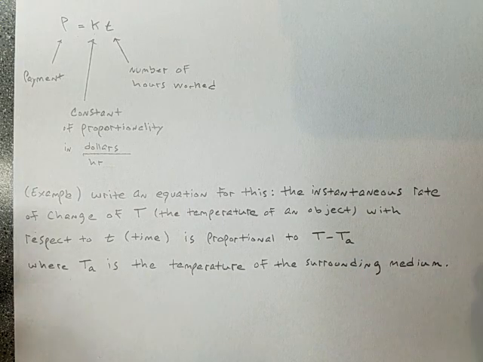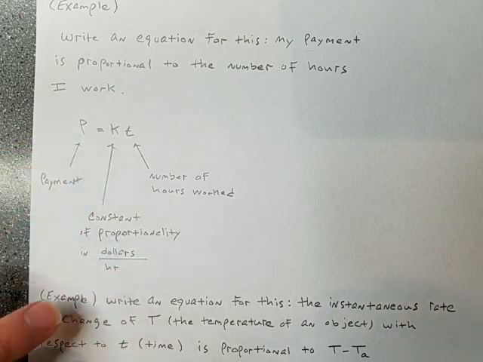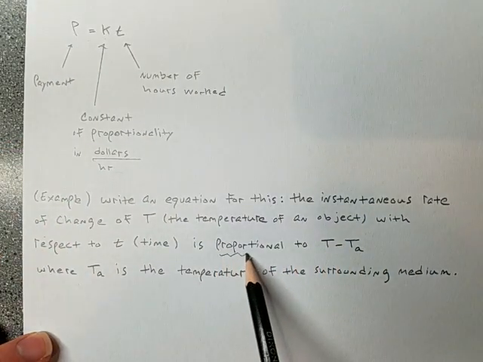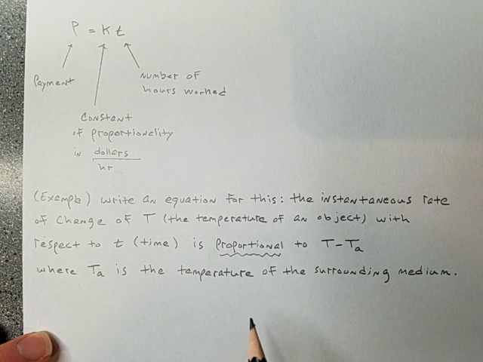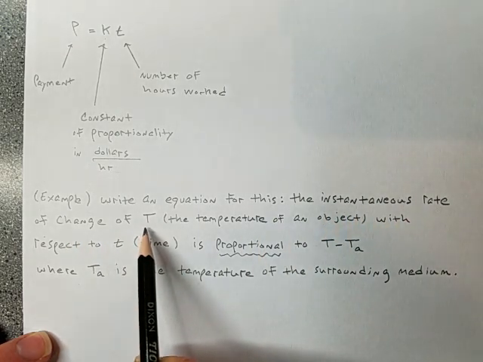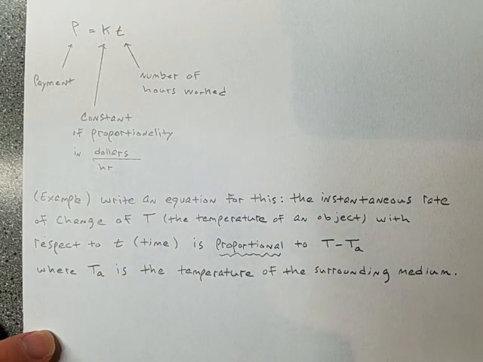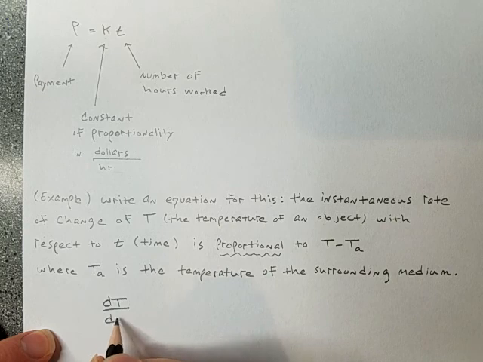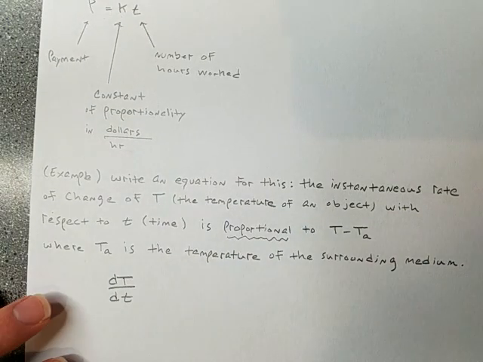But to put it in terms of an equation like that, we'll do it like this. See this word proportional? I used it exactly like in that example. So it says the instantaneous rate of change of T, temperature, with respect to little t, time. So our symbol for that is dT over dt.